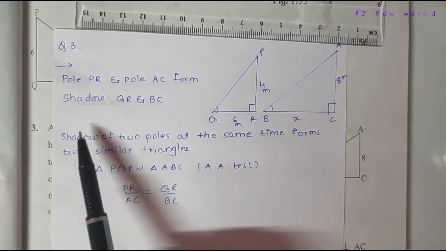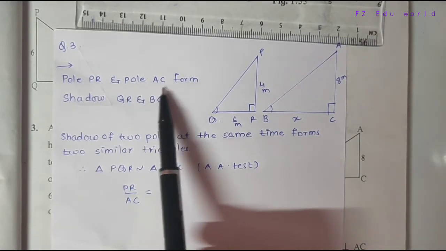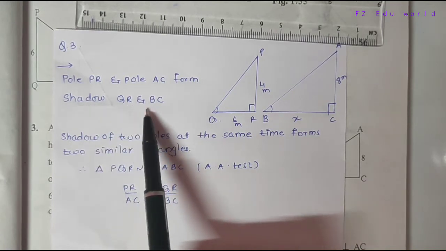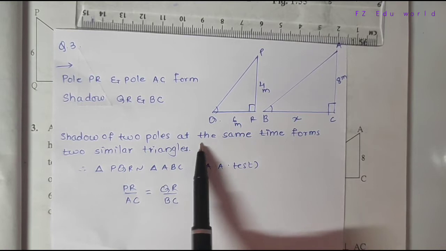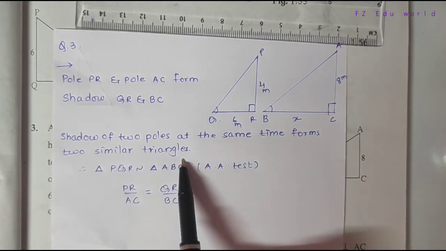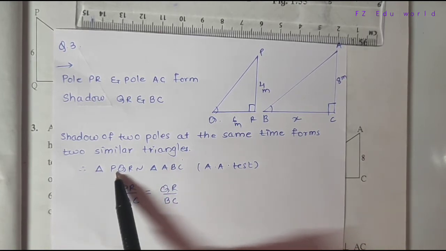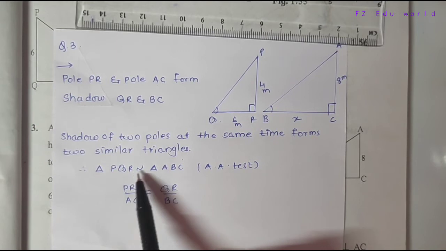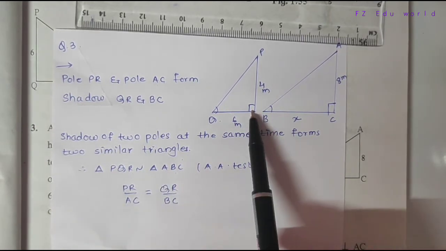Now we have to write like this: pole PR and pole AC form shadows QR and BC. Shadows of two poles at the same time form two similar triangles. Therefore, triangle PQR is similar to triangle ABC by angle test.